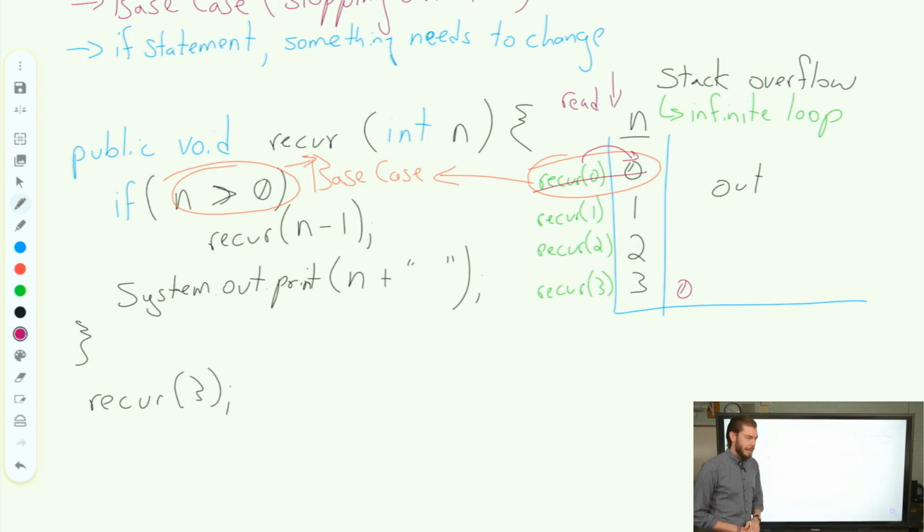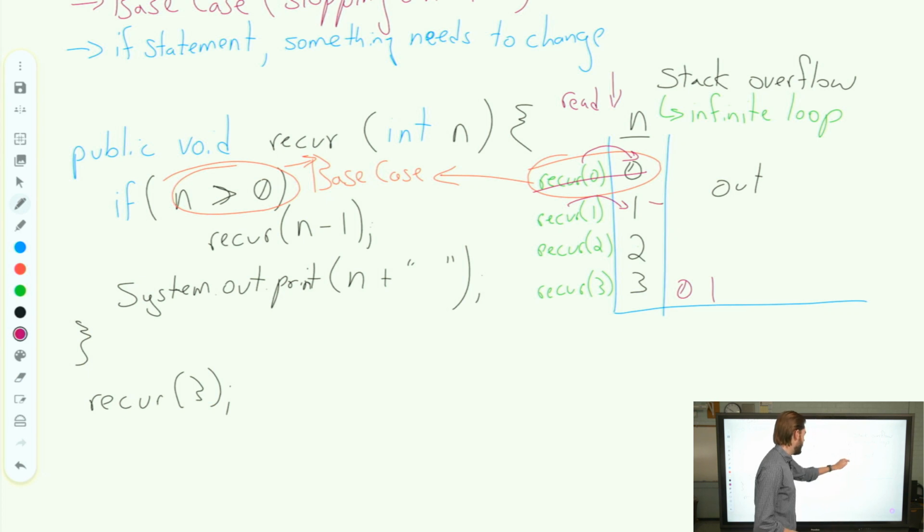Now recur 1 is the next thing on the stack. Recur 1 was stuck here at this statement. This statement finishes recur of n minus 1, and it moves on to system.out.println. It sees a 1 as n, so it prints out a 1 and a space.